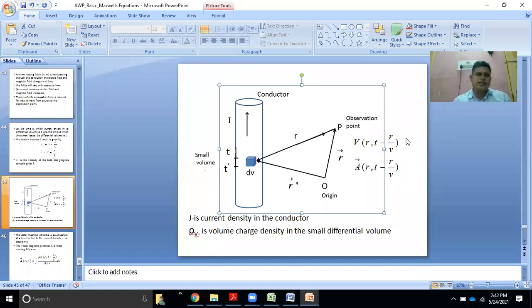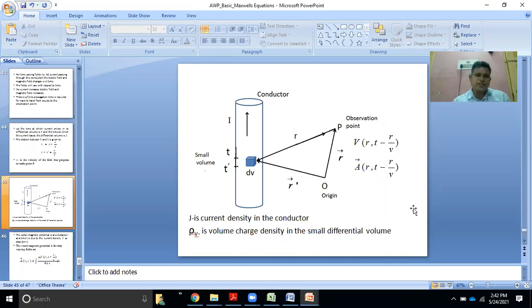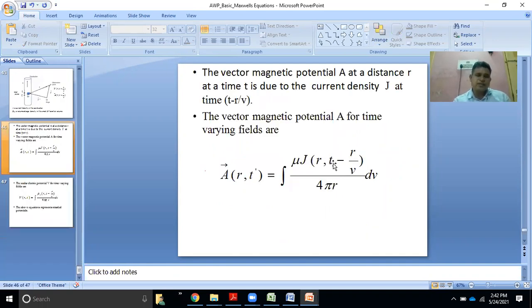Because of the time varying current, the scalar potential and vector potential are also delayed. Delayed means here the time T is written as T minus R by V. In these equations, simply replace T with T dash, equal to T minus R by V. I mentioned the vector magnetic potential A at a distance R at a time T due to the current density J at time T minus R by V, that is T dash.